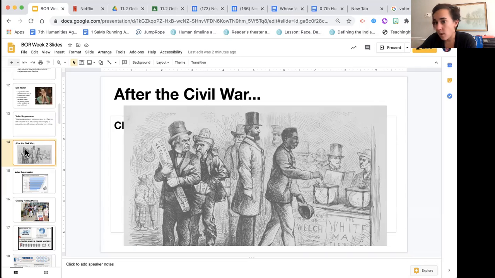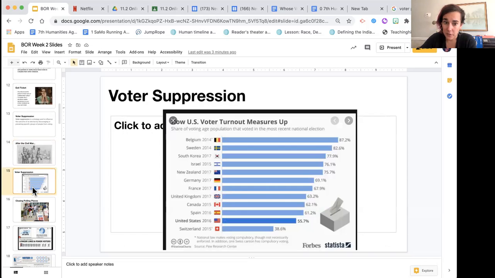Obviously, this is not what voter suppression looks like today, but that doesn't mean voter suppression does not exist today. One thing to know when thinking about voter suppression is that more broadly, like we looked at in the intro, the United States has lower voter participation.